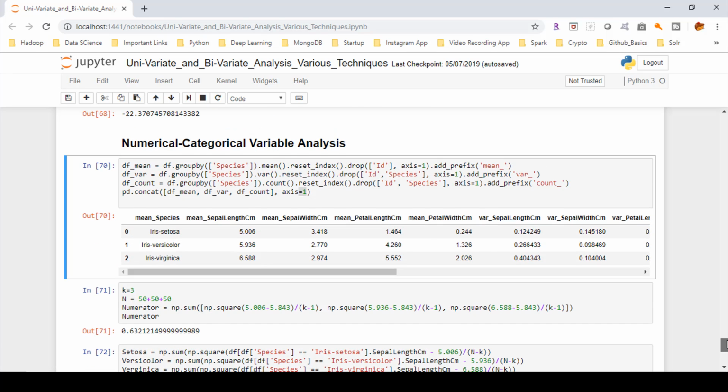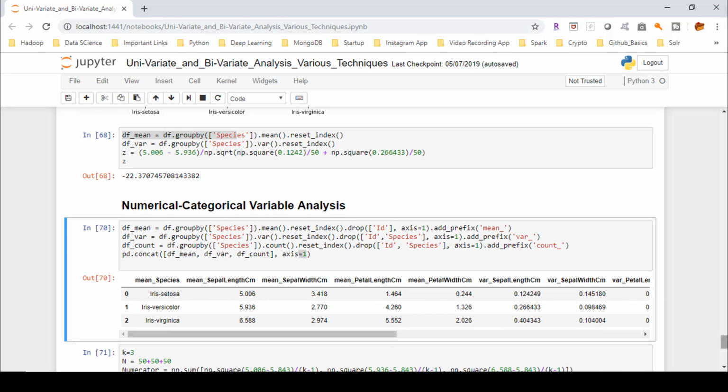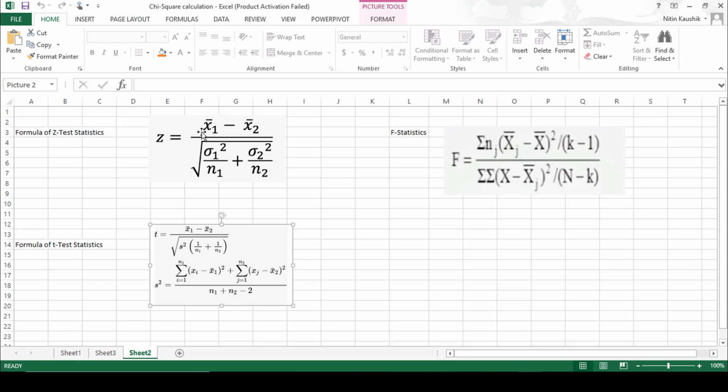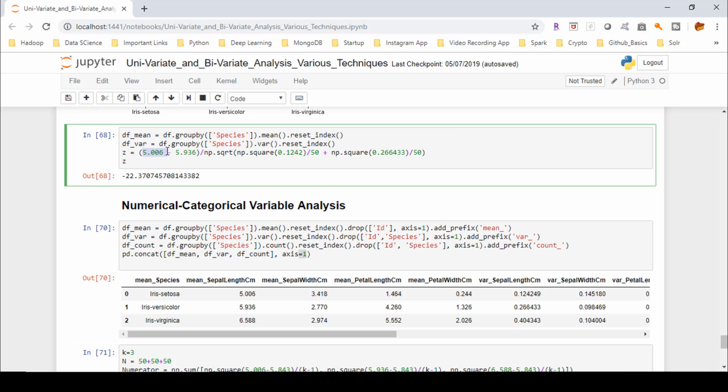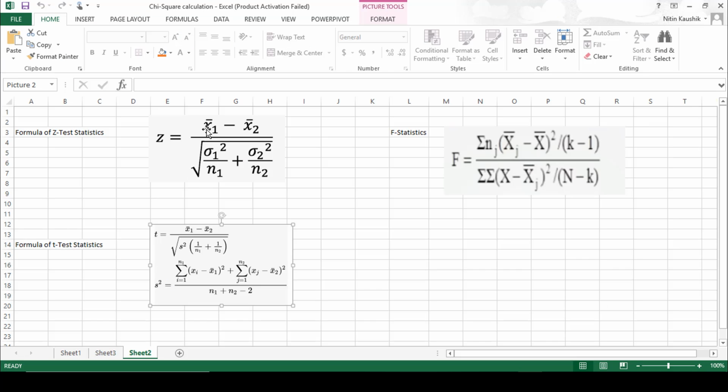So here, once again, x1 bar minus x2 bar, these are the mean values. So x1 bar minus x2 bar, which are these two, and then after that, the square root of variance squared divided by n1.